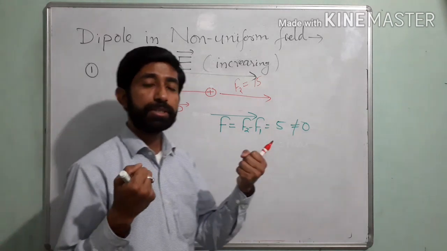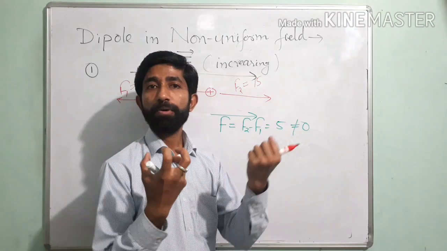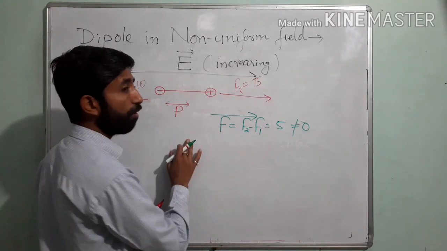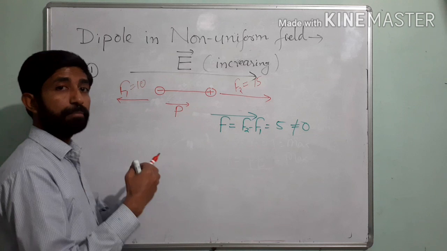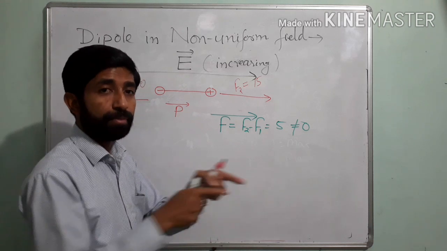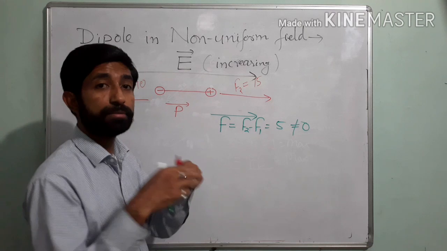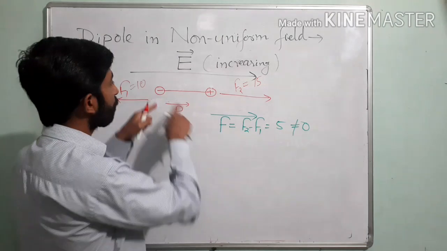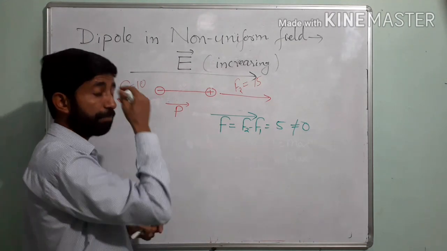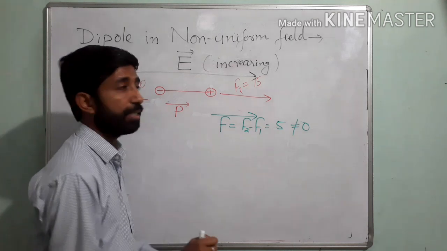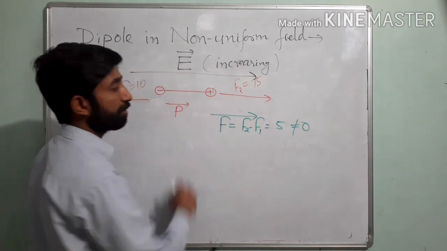Suppose you have a rod and at its ends two balls are attached; that is simply a dipole. But what happens to those two balls? They are being pulled by different forces, but along the same line of action. So they will move in a particular direction, because that direction will be the resultant of the two forces.